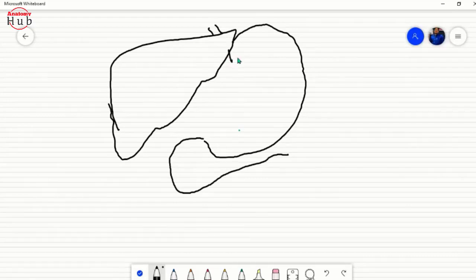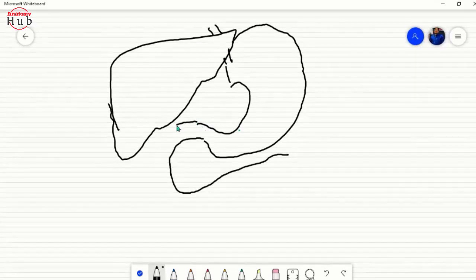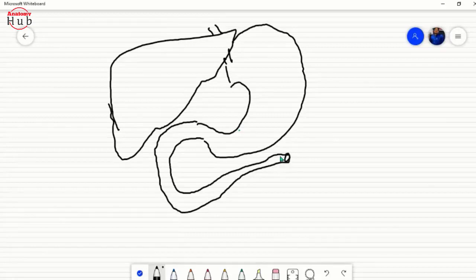Here you will find the lesser curvature of the stomach, this is your greater curvature of the stomach, and this is your esophagus. And here is the pyloric part of the stomach, the first part of the duodenum, the second part, third part, and so on, right?